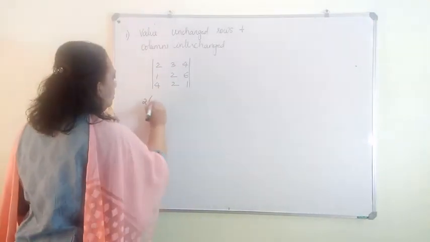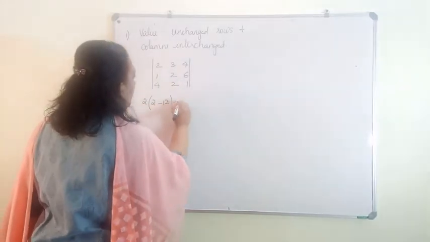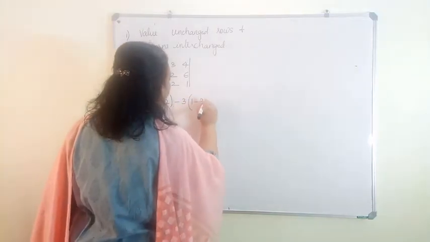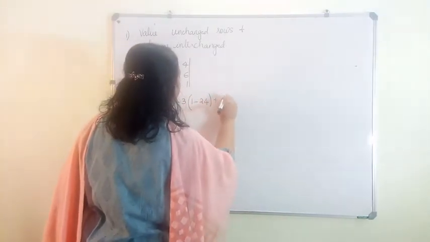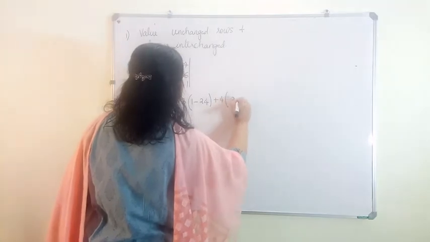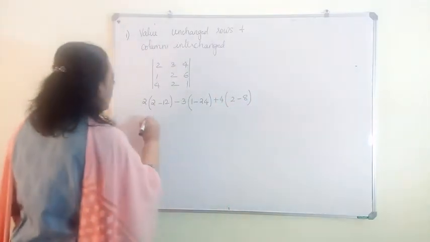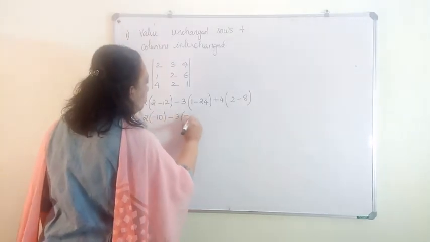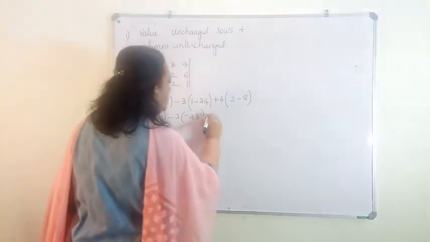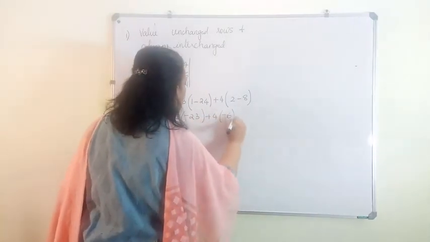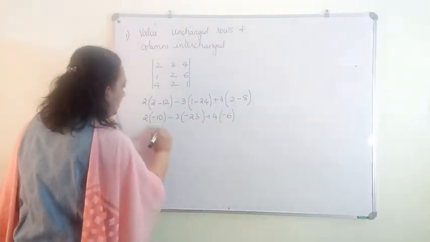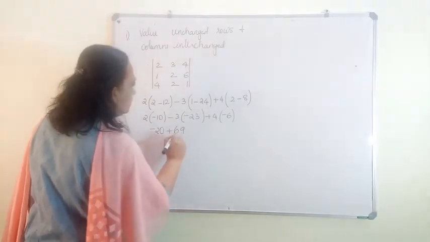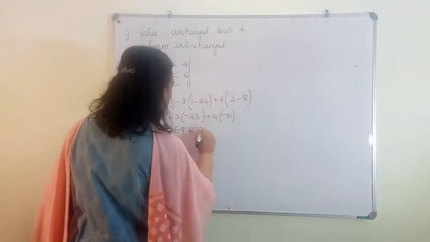2 into 2 minus 12, minus 3 into 1 minus 24, plus 4 into 2 minus 8 is equal to 2 into minus 10, minus 3 into minus 23, plus 4 into minus 6. Minus 20 plus 69 minus 24.